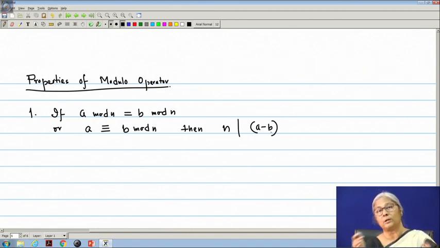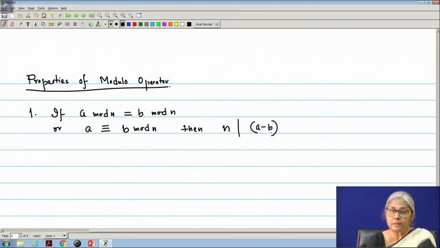Sometimes this is also one definition of congruence.